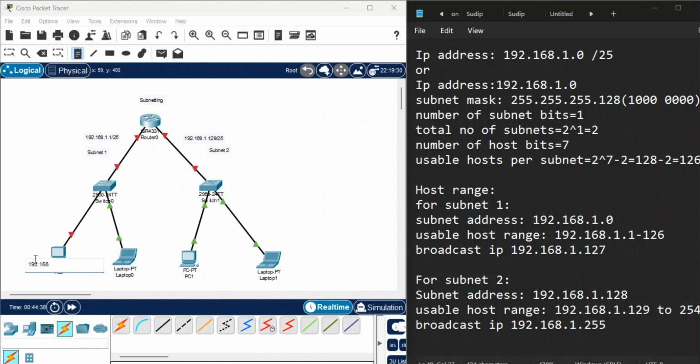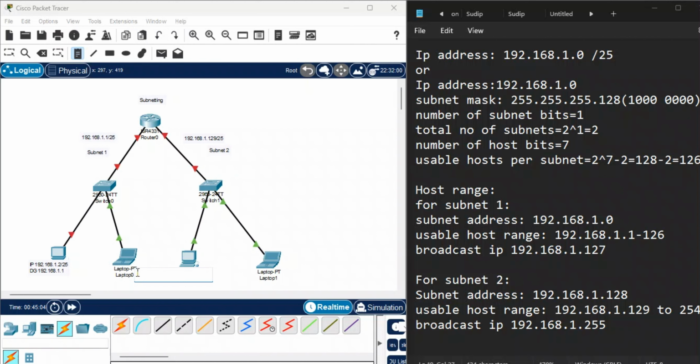Its IP is 192.168.1.2/25. Default gateway will be 192.168.1.1.